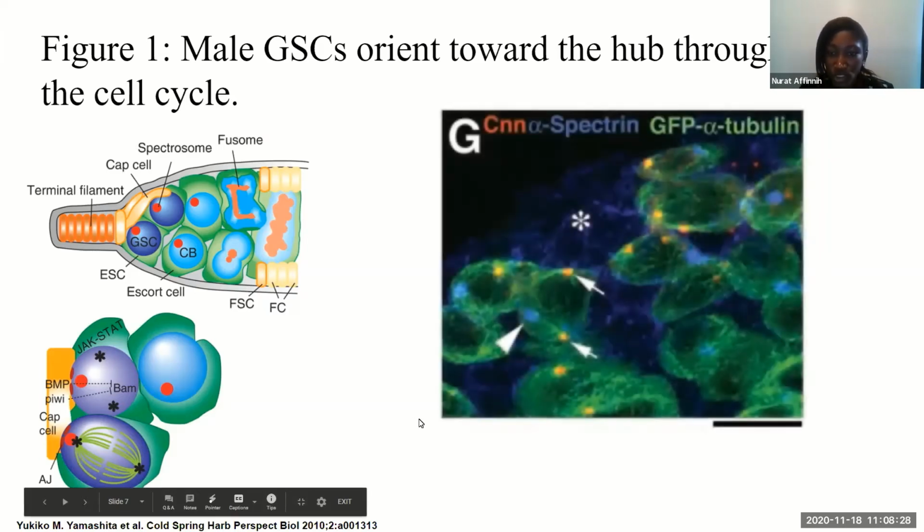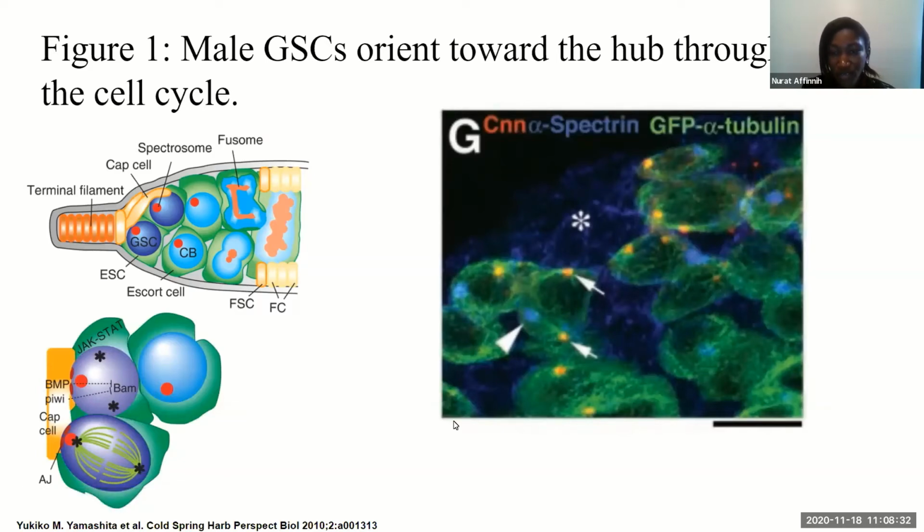But in panel G, in interphase male GSCs, the researchers see that the spectrosome is often located to the side, while one centrosome holds that stereotyped position adjacent to the hub.